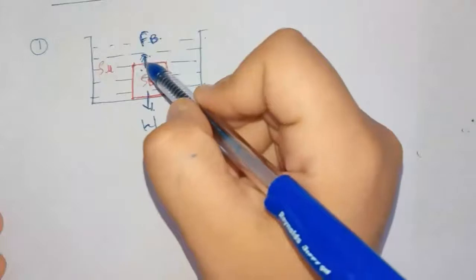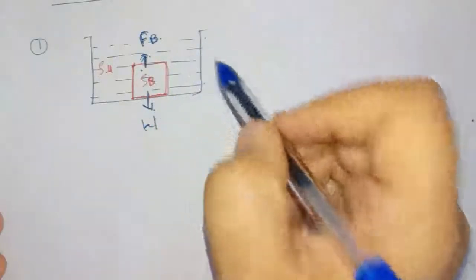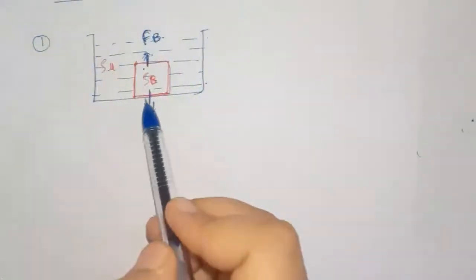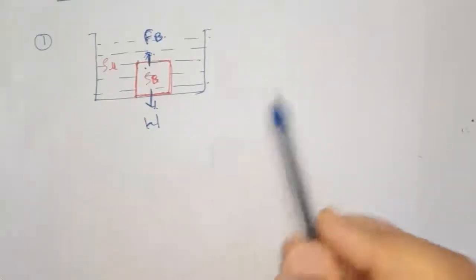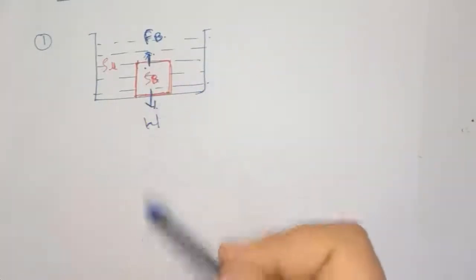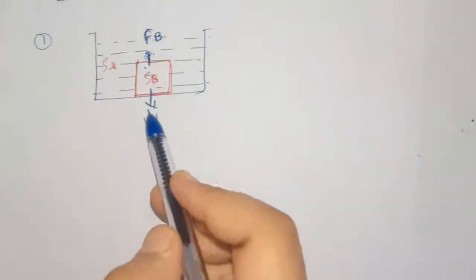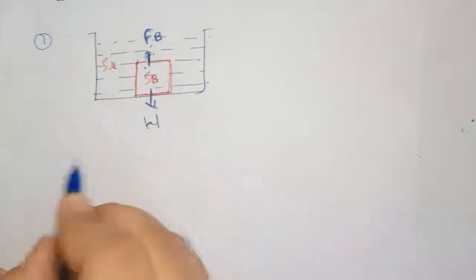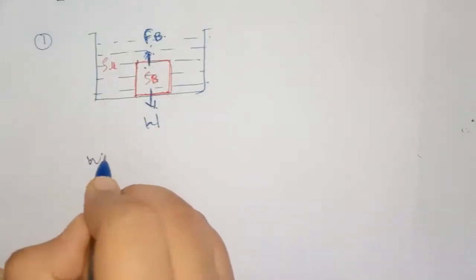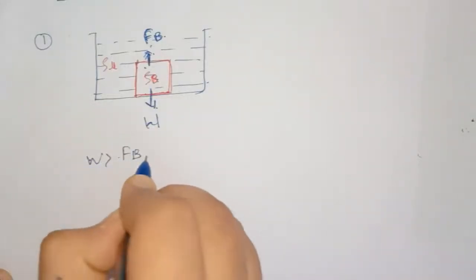Here we are neglecting the resistance due to the fluid. Here the motion of the body is always in the downward direction. If we increase the size of the container, the body will further go in the downward direction. So weight is greater than the buoyant force, weight is greater than FB.